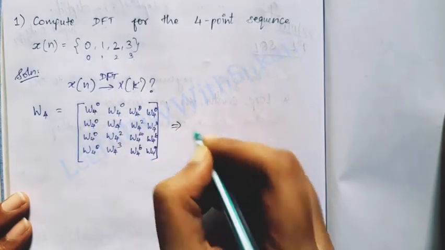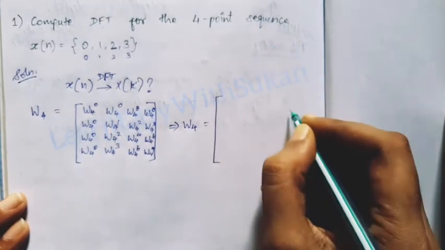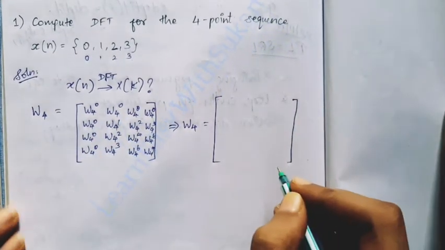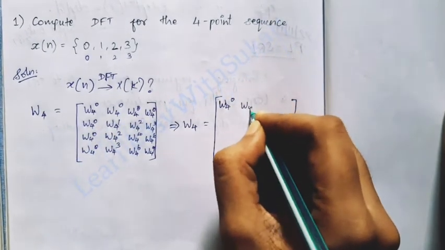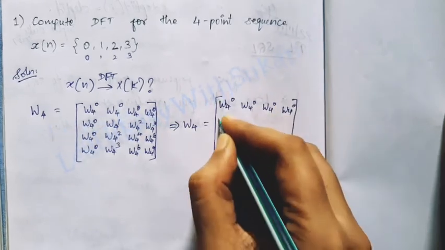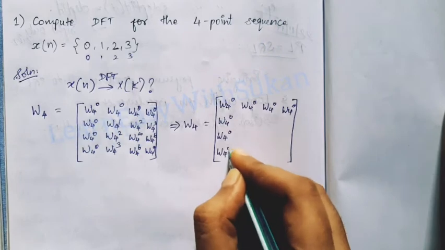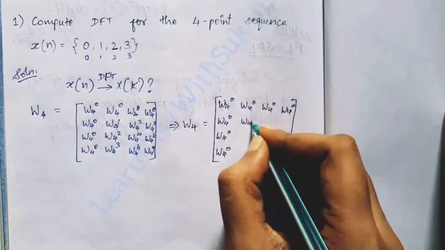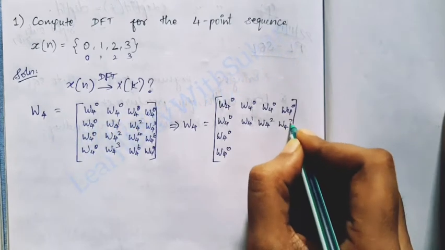So this matrix is getting converted as usual: the first row and column will not be changed. The second row also won't be changed because the indices are within 3.